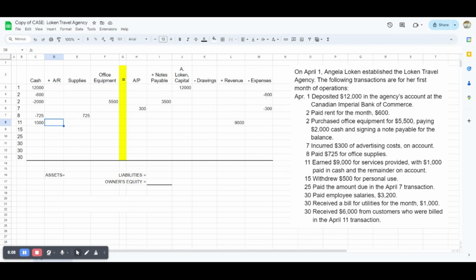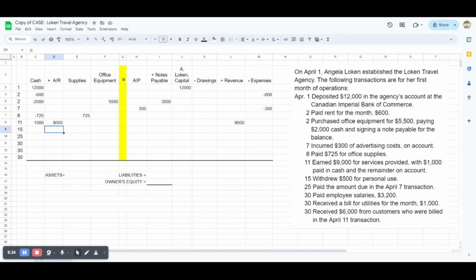So that's the money that they still owe you. And whenever someone else owes you money, it's going to go into accounts receivable, which is the money that they're going to pay back to you. So it will just increase by 8,000 because that's the amount that they still have to pay back to you.